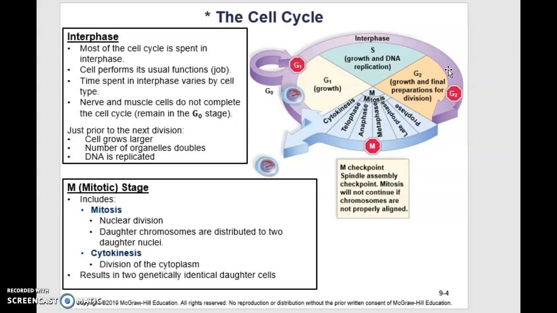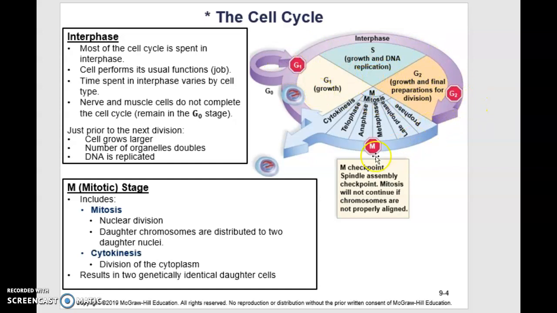So like a liver cell being a liver cell, or a skin cell being a skin cell, or a blood cell being a blood cell. And then just prior to that cell dividing to make a new cell, it's going to grow larger, it's going to double the number of organelles, and the DNA is going to be replicated, all of that within interphase. We're going to talk about each of these individual stages as well, and it's also these stop signs that you see here, they're very important.